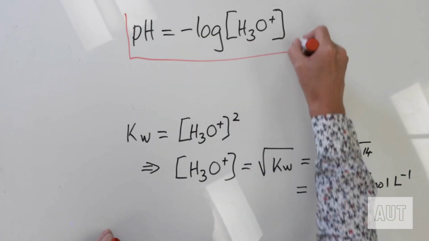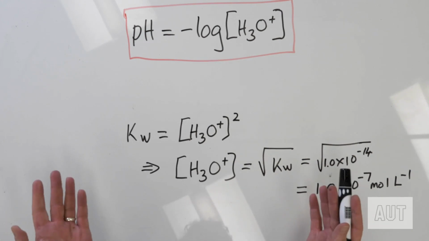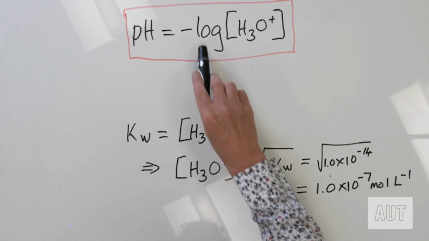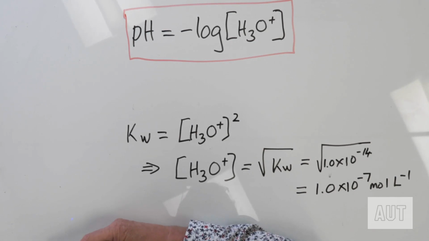Now, that's an equation that many of you have probably seen before. It is very important. It's worth a red box. That's one to learn: pH equals negative log H3O plus concentration. Now, any pitfalls here? Yep, the log, obviously. Looking at your calculator, you'll find that you've got two possible log buttons.